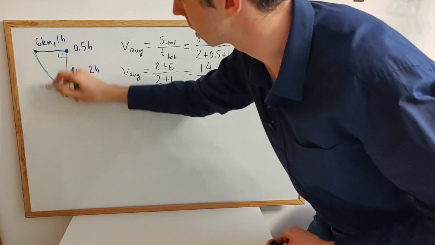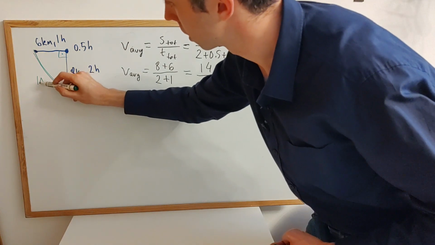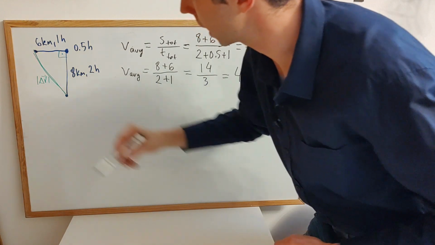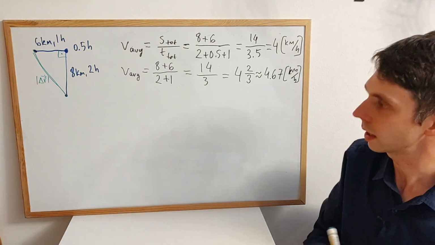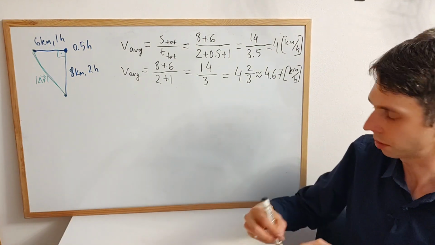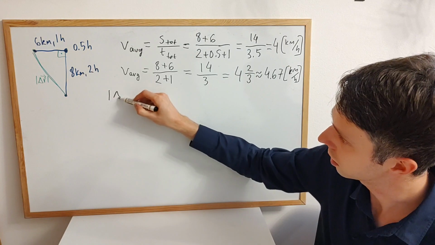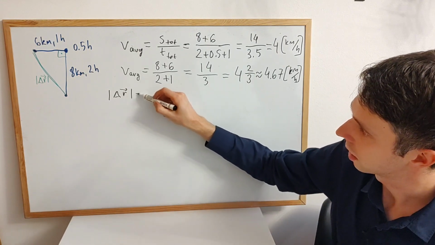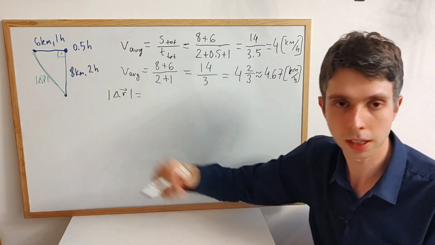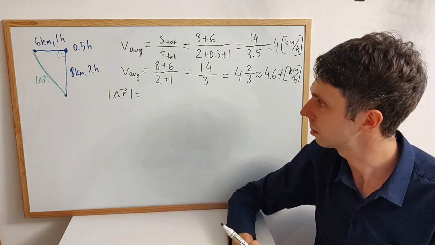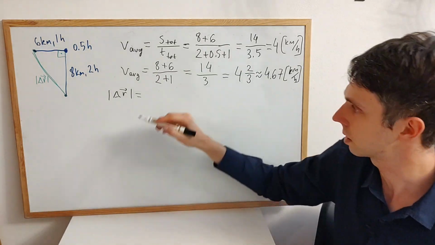Let's say this distance is the length of the delta r vector, so the change in position, or displacement vector. We can calculate this using geometry, by the Pythagorean theorem.